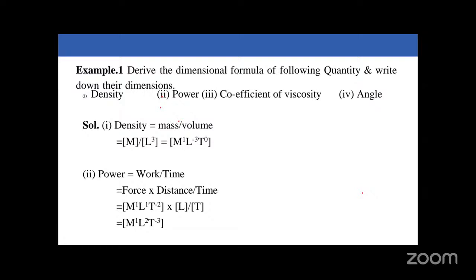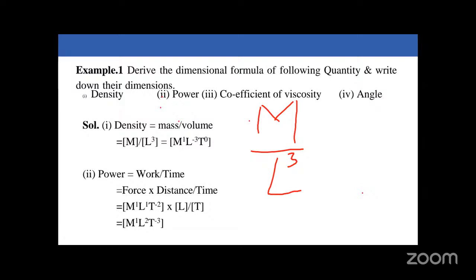So density. The formula for density is mass over volume. That gives us mass, capital M, over volume, L raised to 3. There is no time in this.